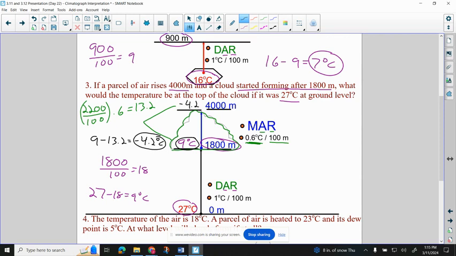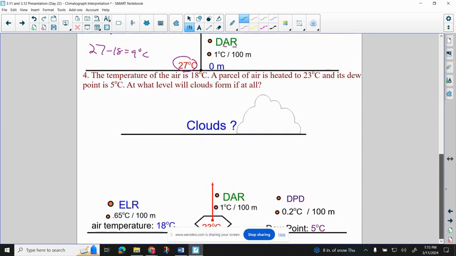All right. And then for the last one, the temperature of the air is 18 degrees Celsius. A parcel of air is heated to 23 degrees Celsius, and its dew point is 5 degrees Celsius. So it's asking what level clouds will form at, if at all.